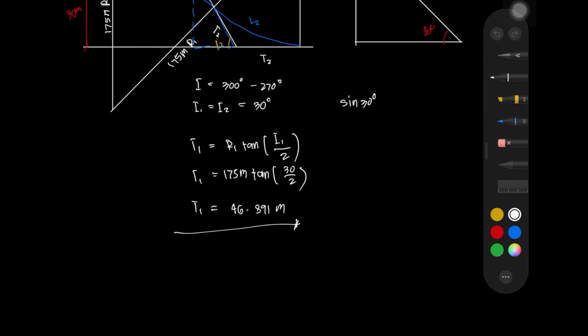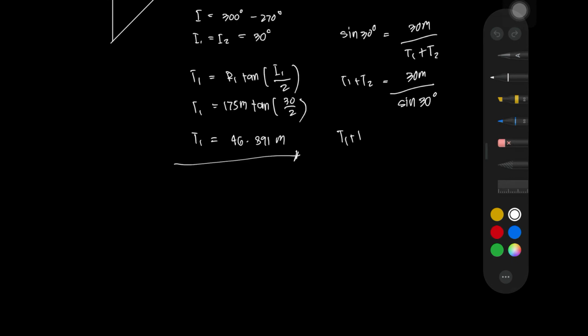So sine 30 degrees is equal to 30 meters over T1 plus T2. By manipulating the formula, we get T1 plus T2 equal to 30 meters over sine 30 degrees. So T1 plus T2 is equal to 60 meters.